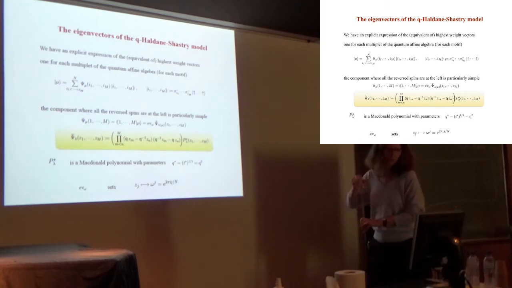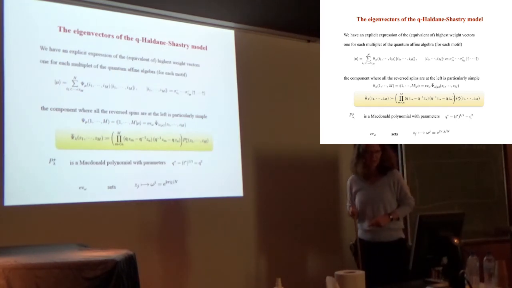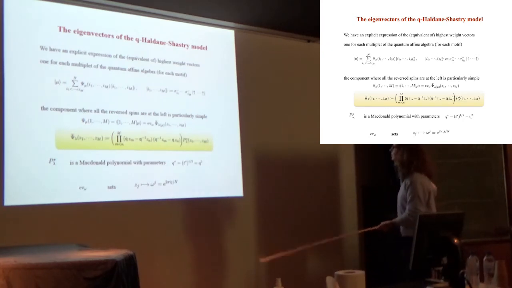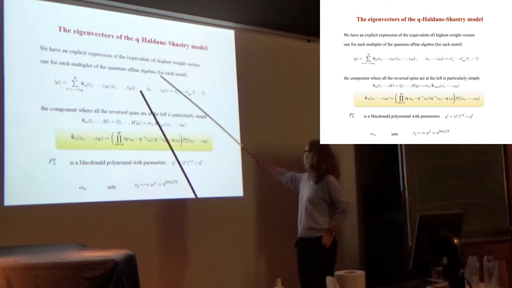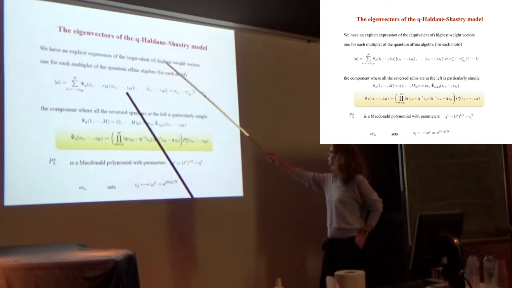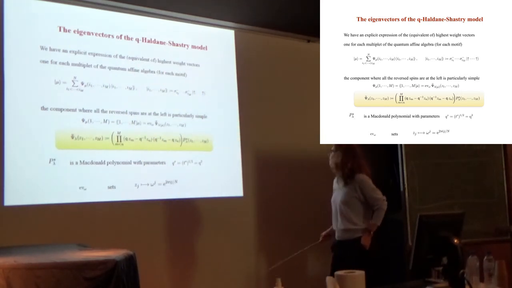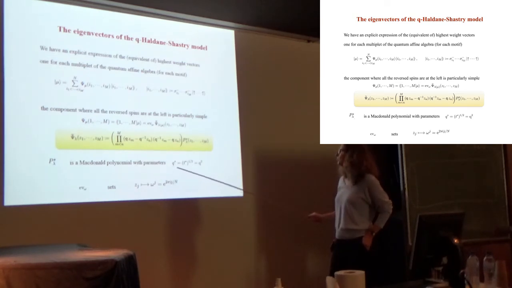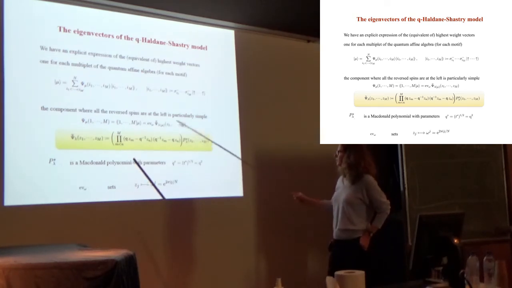So that's not obvious at all. Here we only have the highest weight vectors that we can obtain in this way, but we hope to be able to obtain also the descendants.